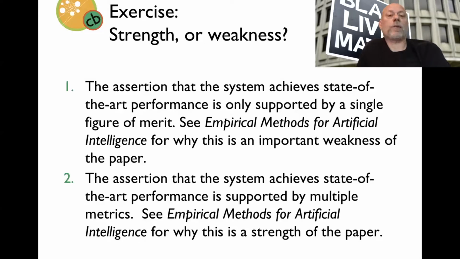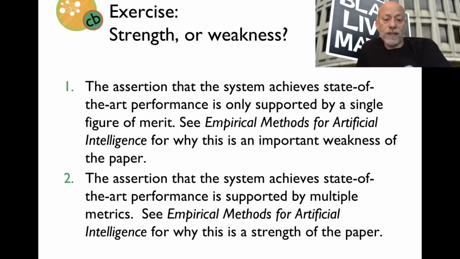That's a book by Paul Cohen that if you haven't read, you should. For why this is an important weakness of the paper. So here you're being helpful to the author in pointing them towards something that will help them to address the weakness that you've identified.